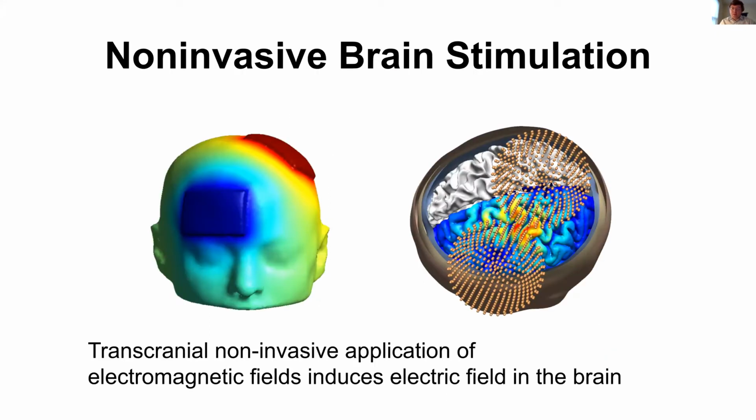And so we're gonna focus on two main modalities. They're displayed here on that slide. One is on the right, transcranial magnetic stimulation, or TMS, on the left, transcranial direct current stimulation, or tDCS.